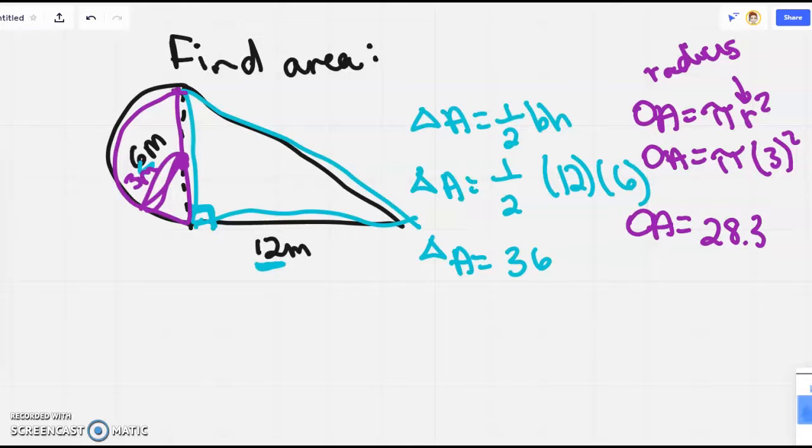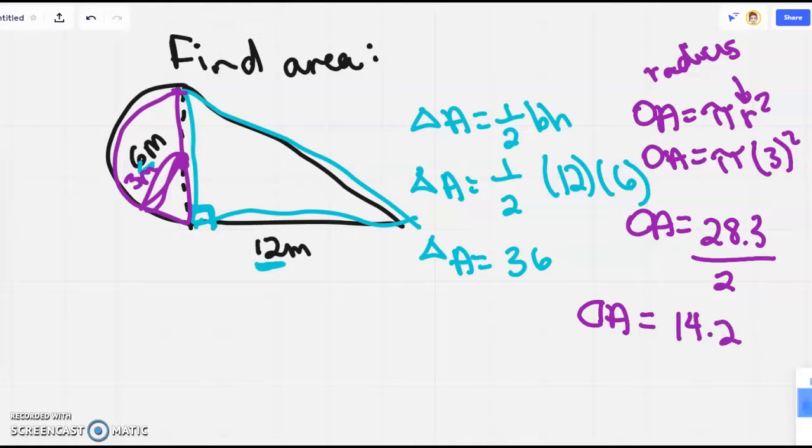How much of a circle do we have here? Half of a circle. So what do I do if I have half of a circle? Divide it by 2. So what is 28.3 divided by 2? 14.2, because that 5 rounds up.